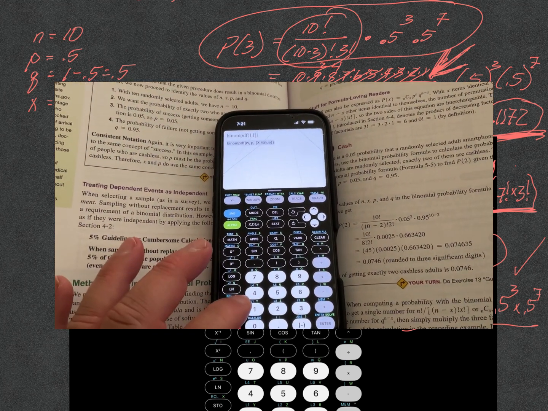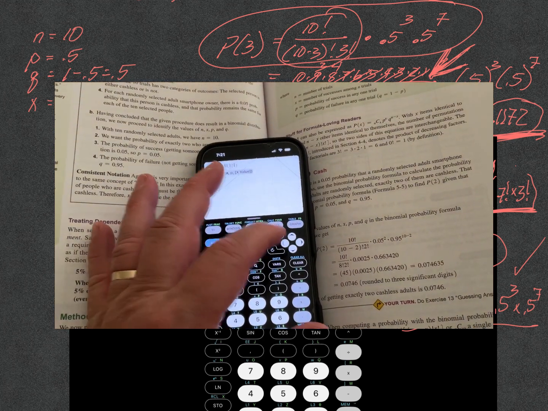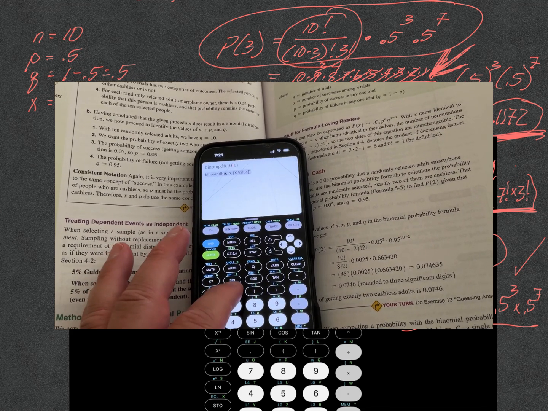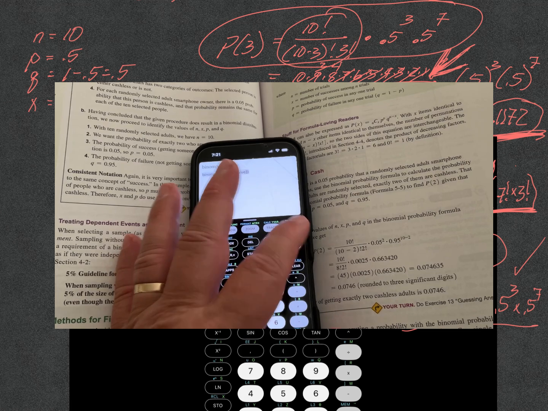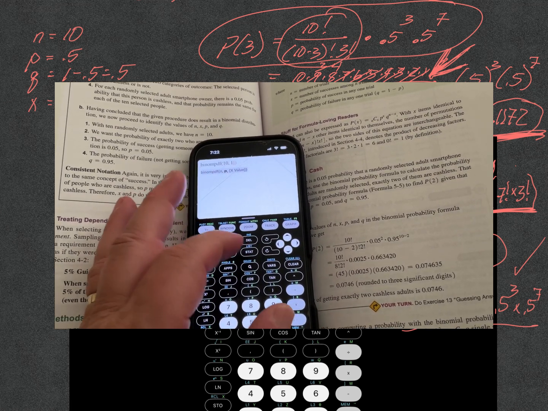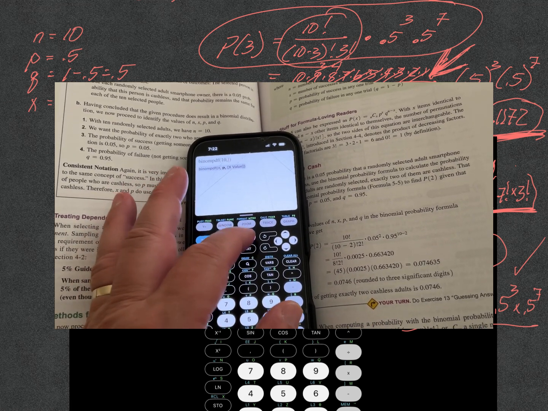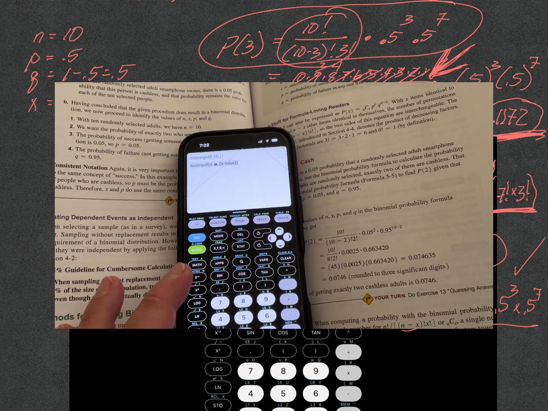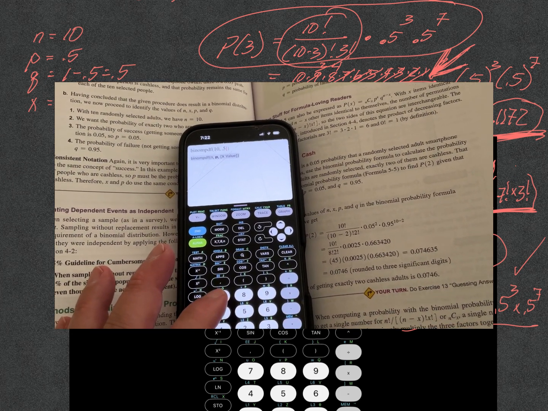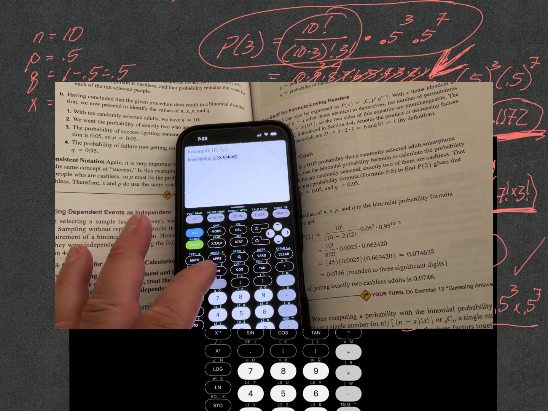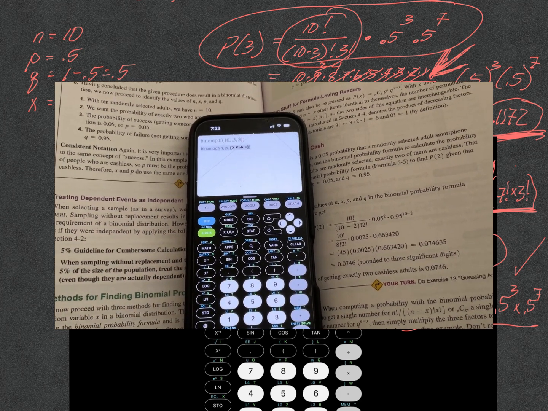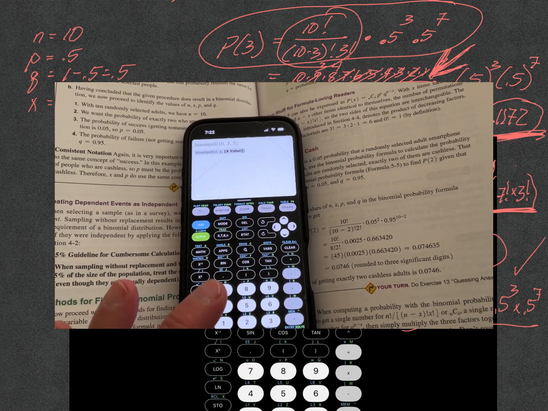Our n was 10, our probability of success was 0.5, and the x value I wanted was 3 successes, 3 people that said they had shot a gun.